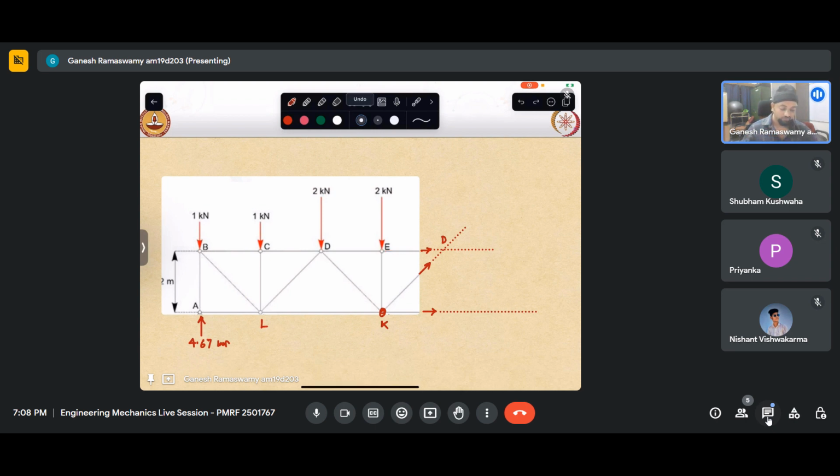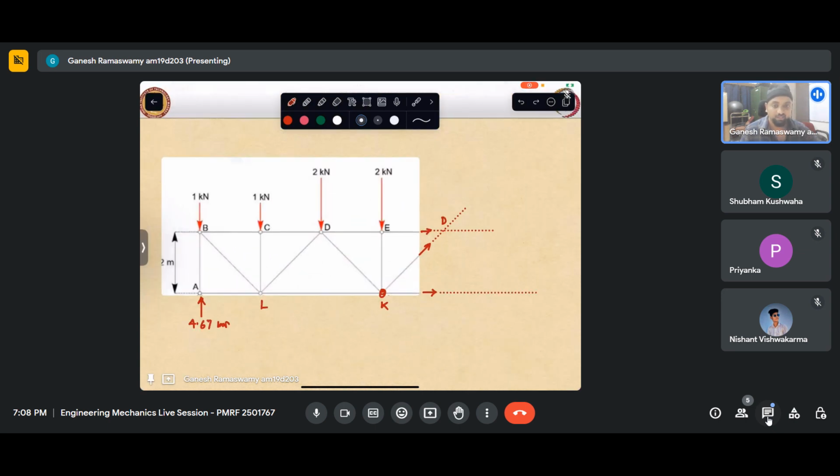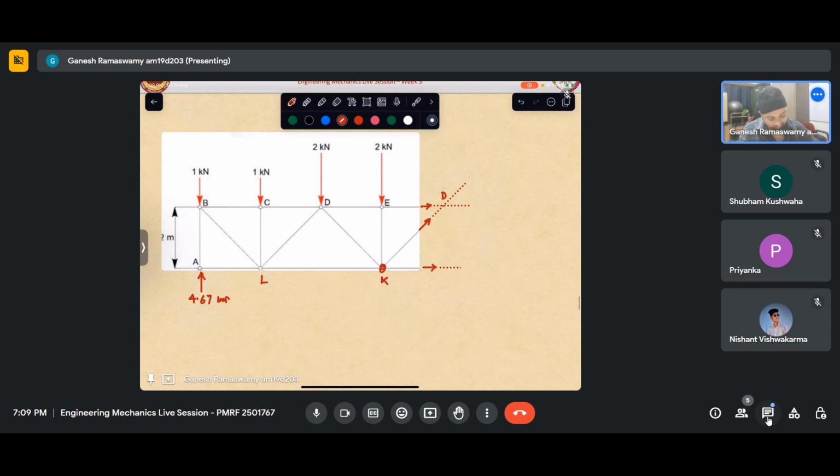So my initial hypothesis is that all these member forces are tensile, and I have considered that as per the convention and labeled them. If it so happens that some are compressive, my mathematics will guide me. I hope that is clear. It's the recommended approach to proceed. Okay, so I have this.